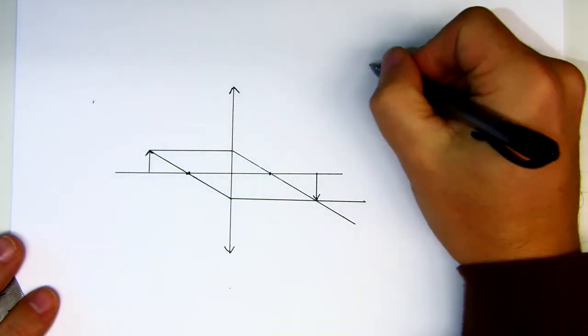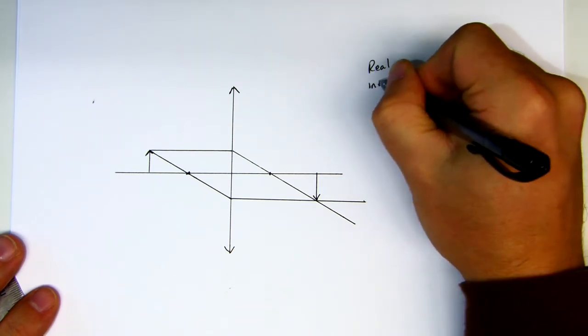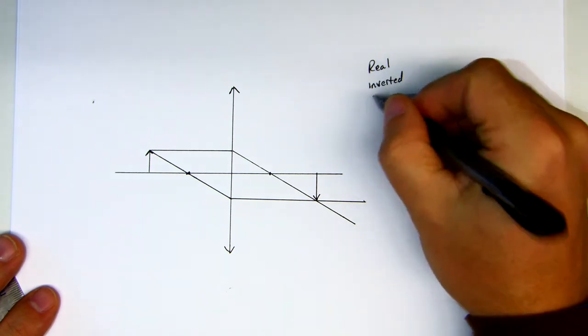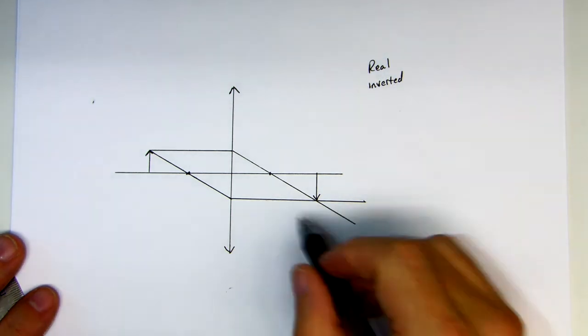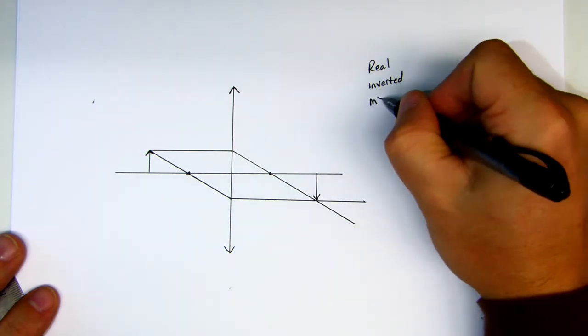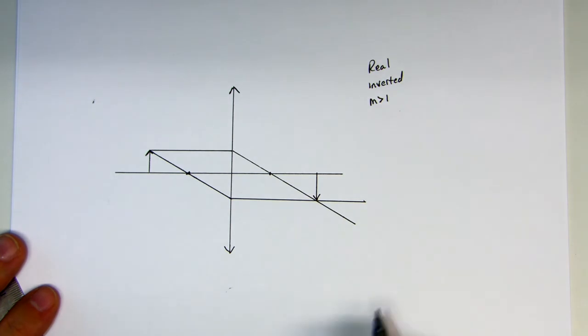So this is a real, inverted, and this one's a little hard to tell. I think that the magnification is greater than 1. If you said equal to 1, you'd probably be okay. You can definitely tell it's not less than 1, but it looks like it's a little bit bigger.